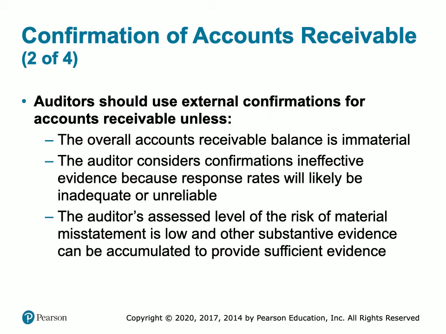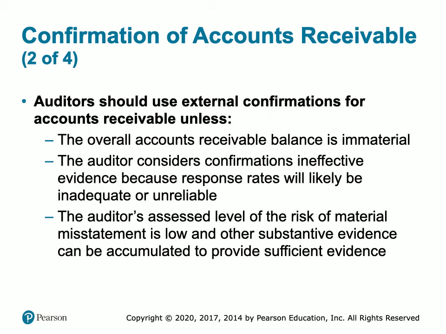But again, you have to defend your position. The other place is when you've done so much work in every other area that confirmations are more work than it's worth from an evidence standpoint.